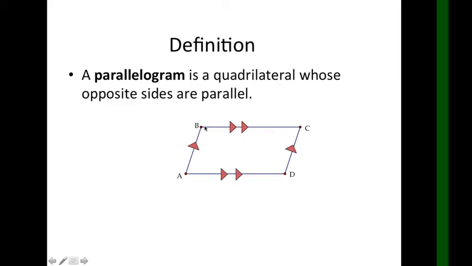Line segment AD and line segment DC are also parallel lines. And this is an example of a parallelogram. It is a quadrilateral because it has four sides. So line segment AB is parallel to CD, and line segment BC is parallel to line segment AD.